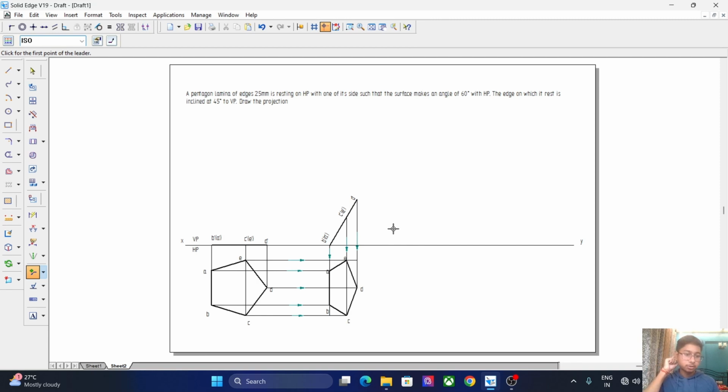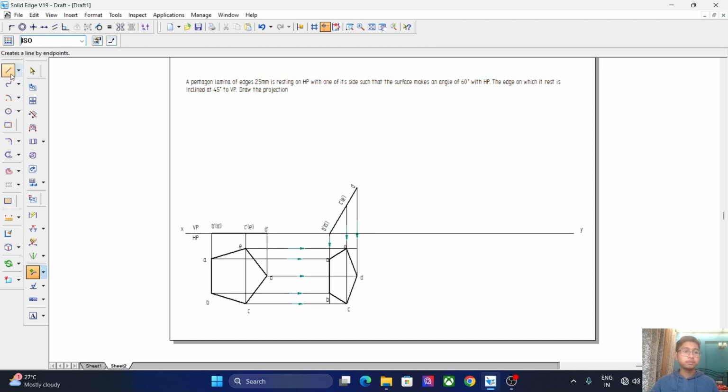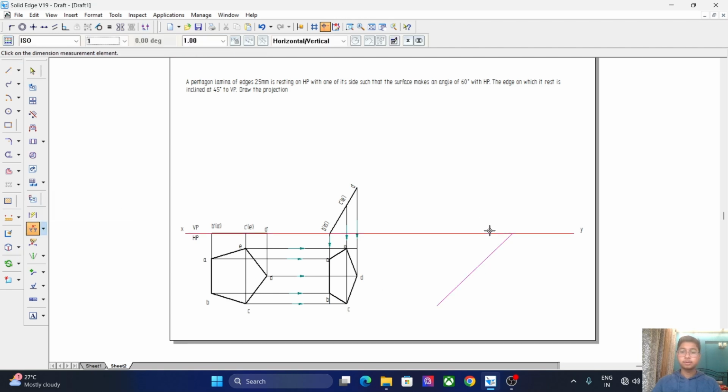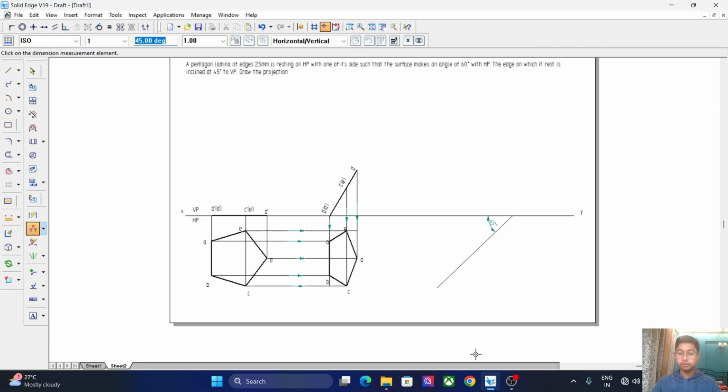Now we'll move to the third part, which is the edge on which it rests is inclined at 45 degree to VP. We will take a line, we can take a thin line, and we'll put the length as 70, and angle as 225. Is it 45 degree? Yes, it is 45.